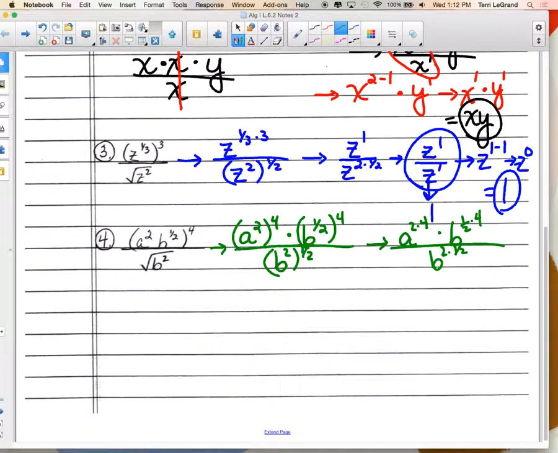Every single property that gets applied, you should be showing the work, because these are your notes. It's always good to have good notes.